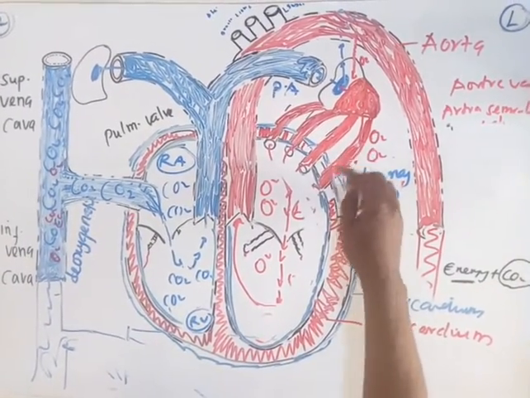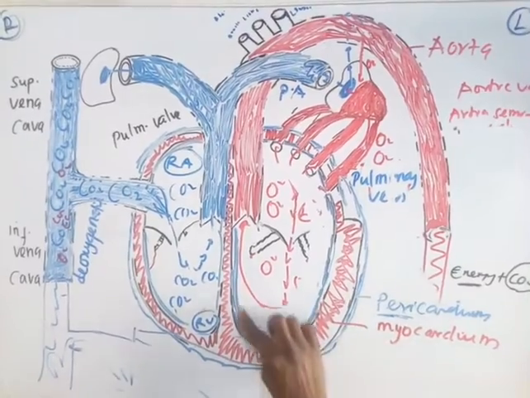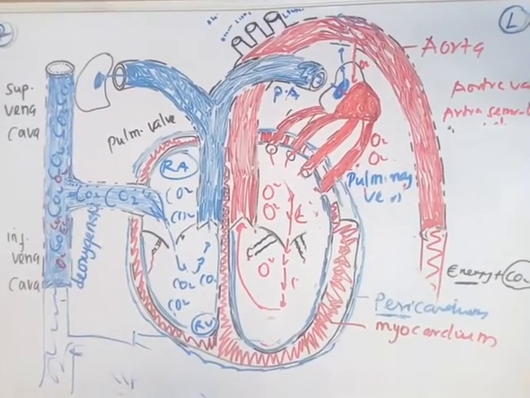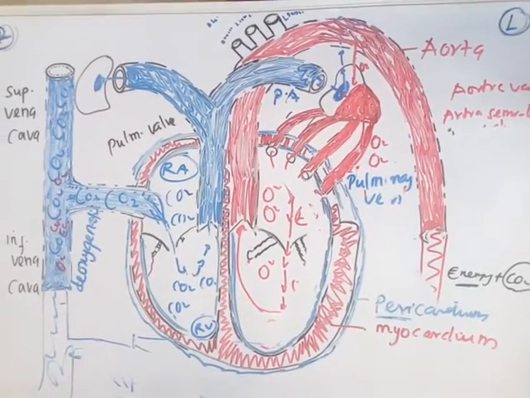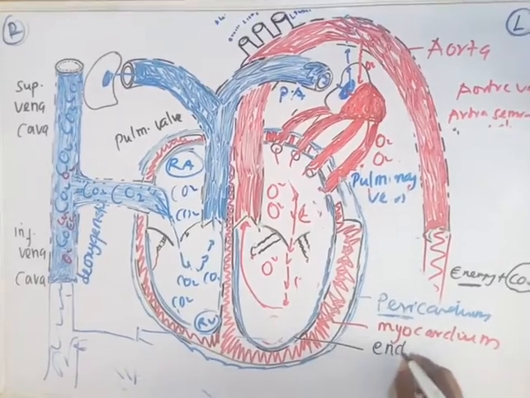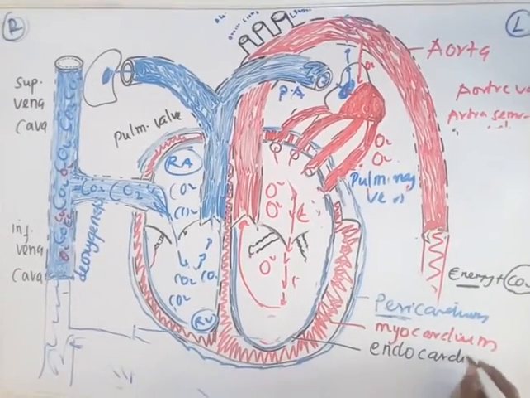Upon blood entering, because of this lining called the endothelium, it allows a smooth movement of the blood. So endo means inside, endocardium.